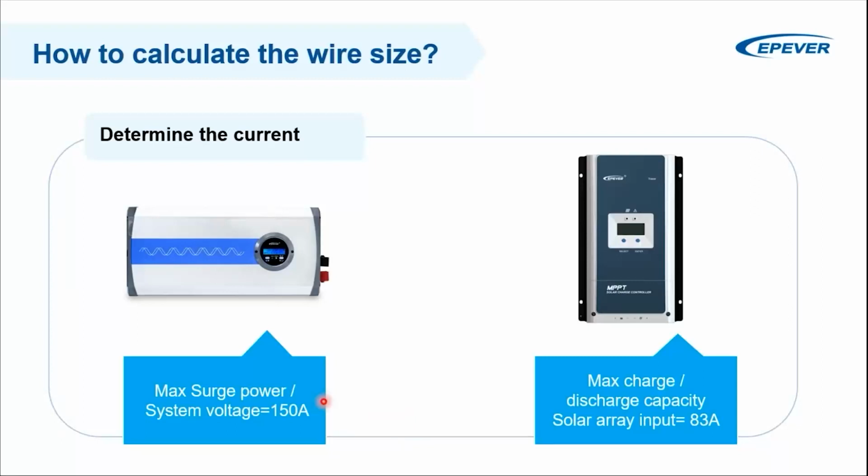So if I divide 150 by 3, I will get something like 50.